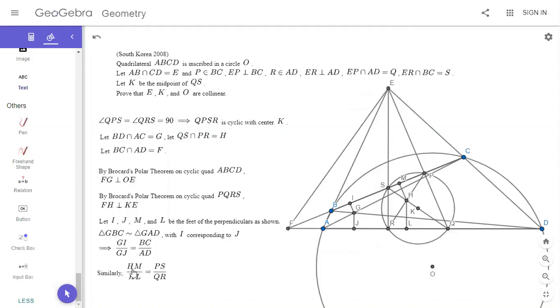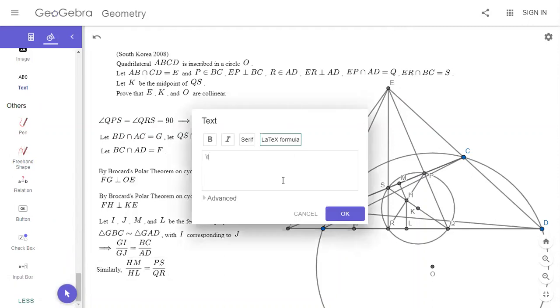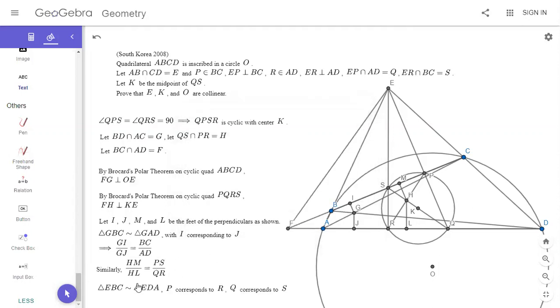So the thing is, PS over QR is BC over AD, because triangle EBC is similar to triangle EDA, and P corresponds to R, and Q corresponds to S. And so that means that PS over QR is BC over AD.